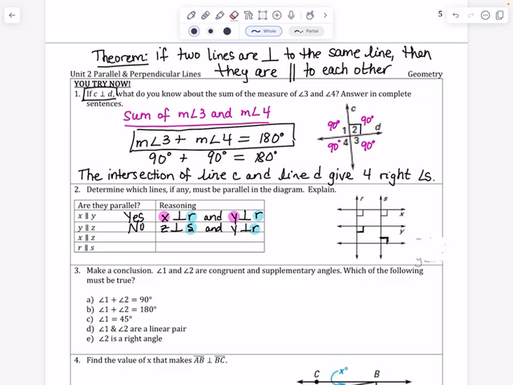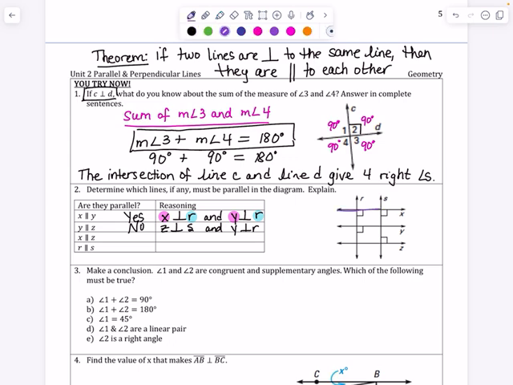I'm going to keep erasing as I go through. So far we have just X and Y are parallel to each other. X and Z. Let's go back to like this.